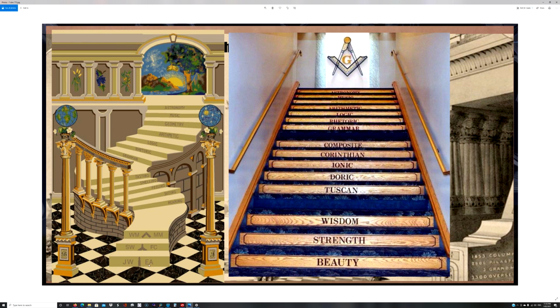So the first step, becoming a Mason, you become an EA, Entered Apprentice. Then you have FC, Fellow Craft, and then MM, Master Mason. So those are your first 3 steps, but also the connections to the Worshipful Master, Senior Warden, Junior Warden, which are connected to beauty, strength, wisdom, the 3 Greek orders of architecture, the male, the female, and the maiden, but again are also incorporated in the 5 Roman orders, which are connected to the senses, and then you come up to the 7 liberal arts.